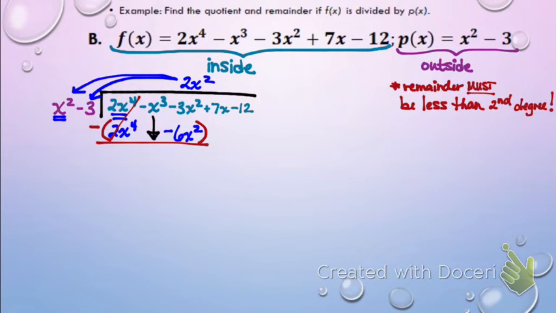We're going to drop down my minus x to the 3rd because it's just subtracting 0 from that. There's no like term to cancel with it. So negative x cubed, negative 3x squared minus negative 6x squared, 3x squared.